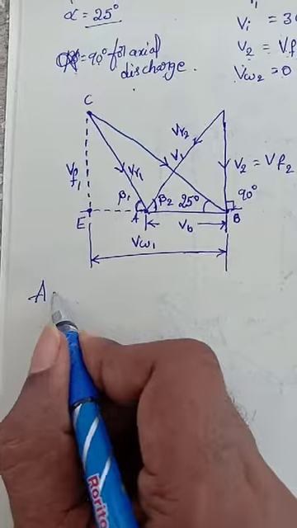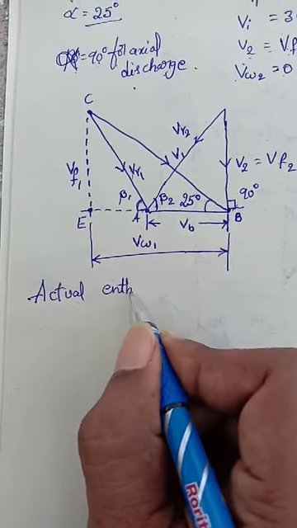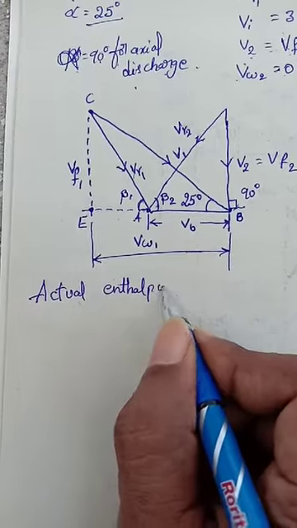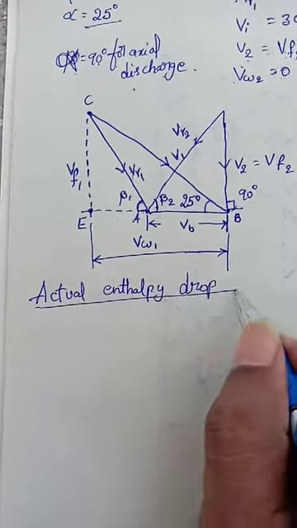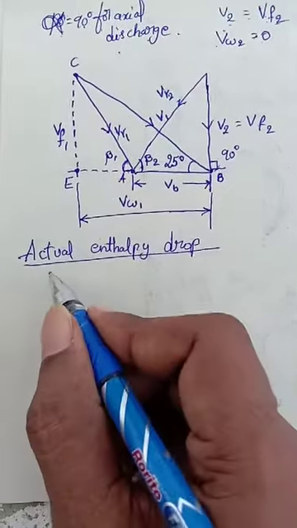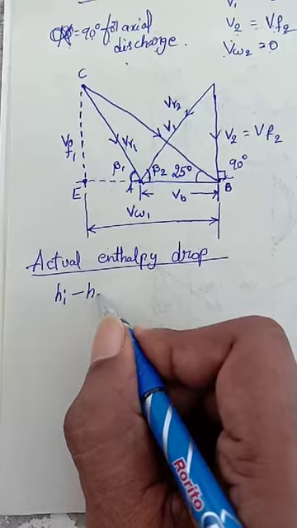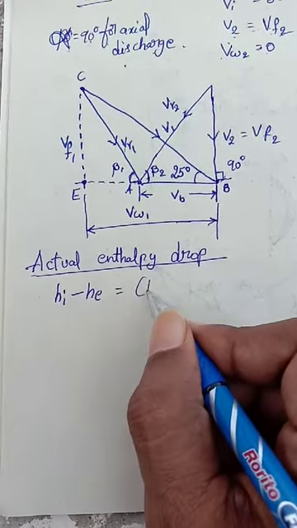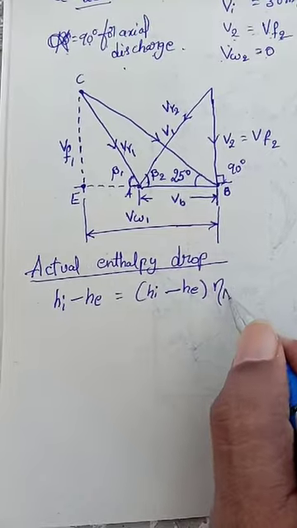Now first, the actual enthalpy drop. HI minus HE is equal to HI minus HE times the efficiency of the nozzle.